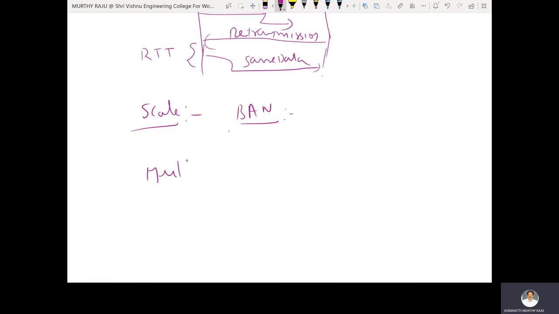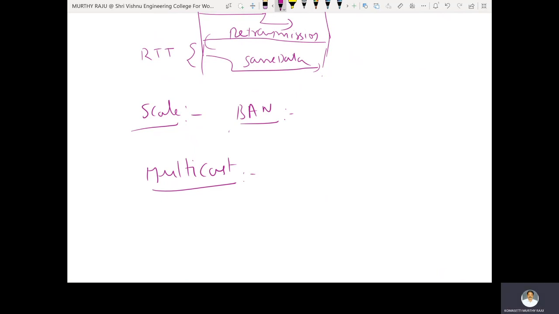Next important capability is multicast. What is meant by multicast? Multicast means to transmit a single message to a group of recipients. That means multicasting is like sending an email message to a mailing list.